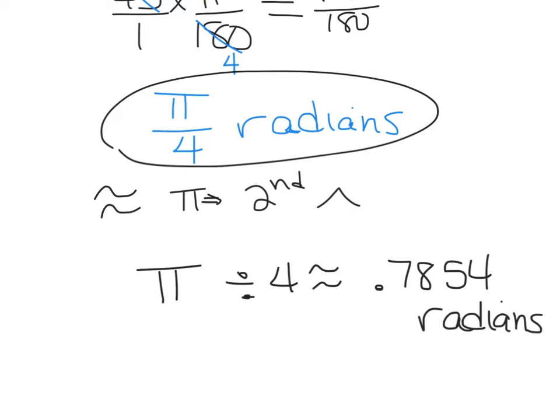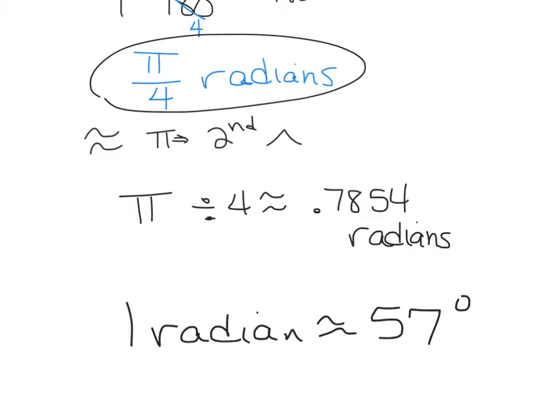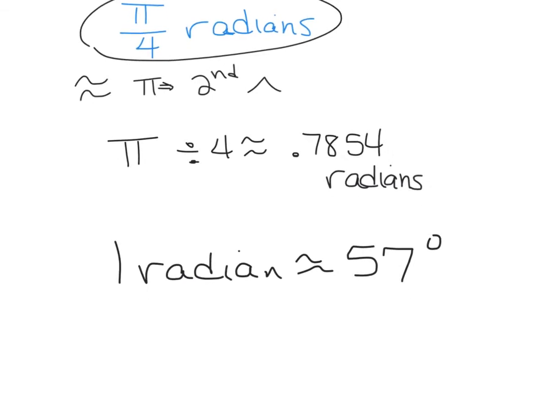Now, if you think back to what I told you at the beginning, I told you that 1 radian was approximately equal to 57 degrees. In this problem, I just asked you to find 45 degrees.